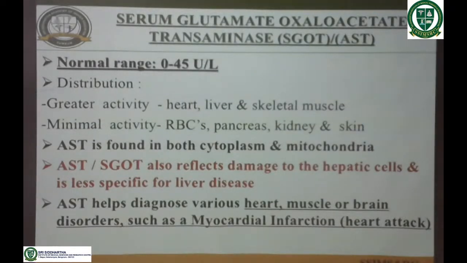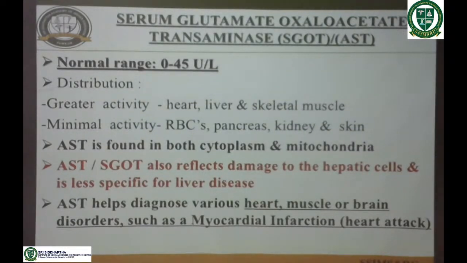But when compared to ALT, that is alanine transaminase, AST is less specific, because AST is distributed in many cells, majorly in the heart, liver and skeletal muscle. But ALT is majorly present only in the hepatic cells.